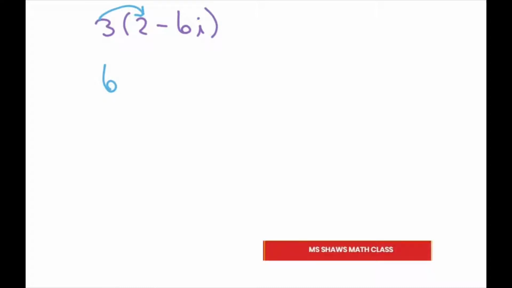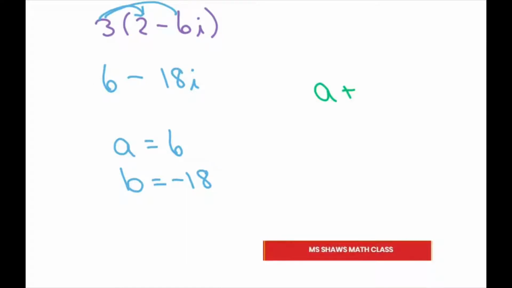And then we have a positive times a negative, which is going to be a negative. And 3 times 6 is 18, and you still have the i here. So you can multiply those. So your a component is 6, and your b component is -18, because we want it to look like a plus bi. So if you plugged it in, you'd get 6 plus -18i, which gives you back to that.